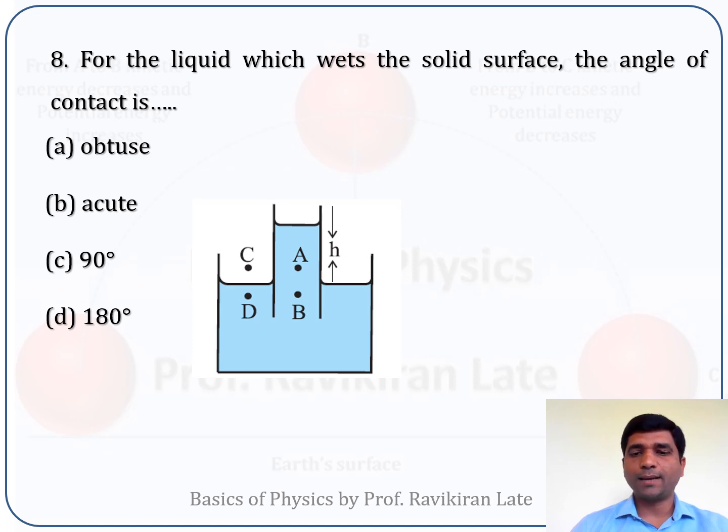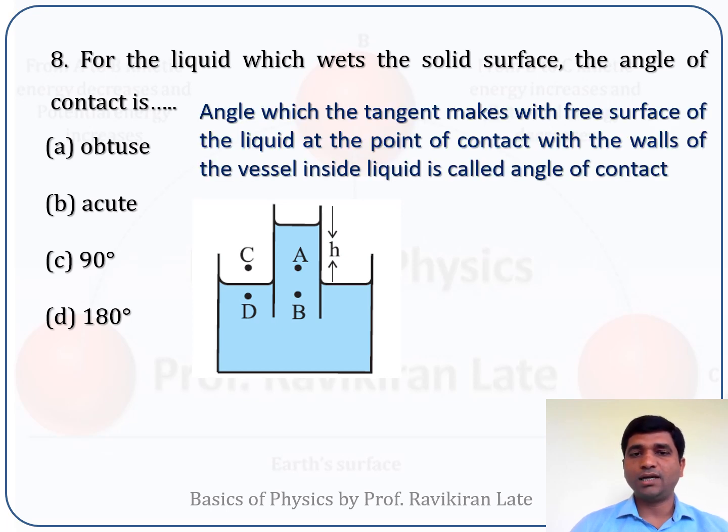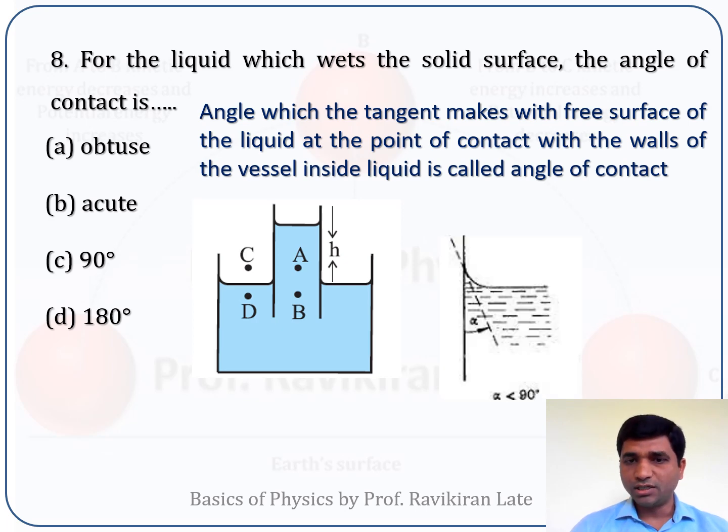If you immerse a capillary tube in a liquid which wets the solid surface, the liquid inside the capillary tube goes in the upward direction, or the liquid rises inside the capillary tube. For such a liquid, the surface is curved in this fashion.